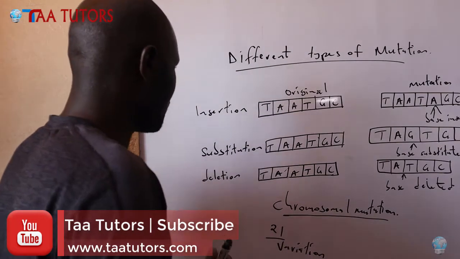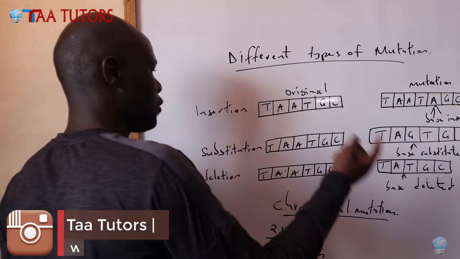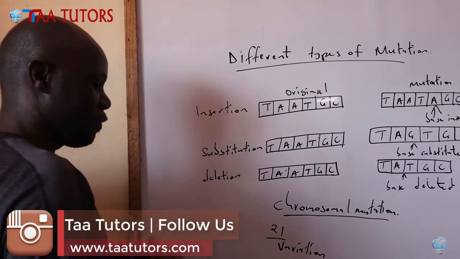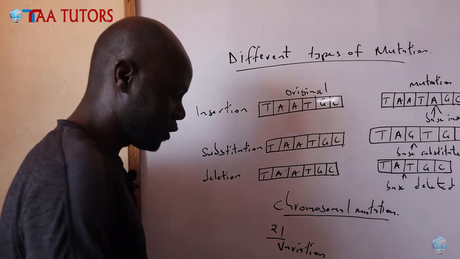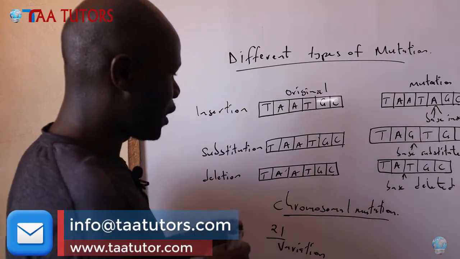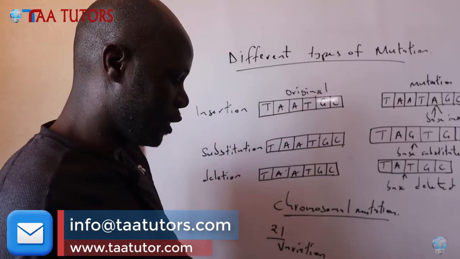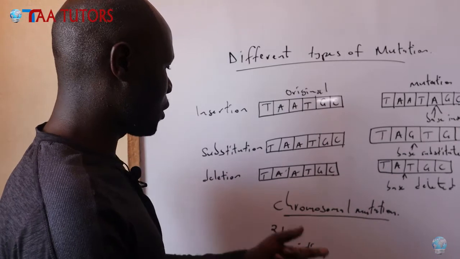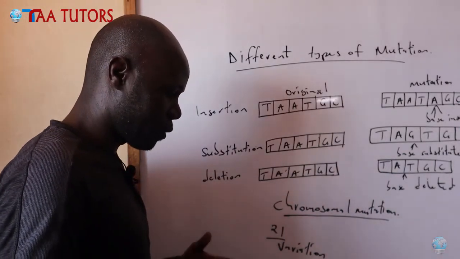If we have non-coding genes, they don't bring the code that will be responsible for specific protein synthesis. So if they are mutated, the effect might not be severe. That is one thing that can help us if the mutation occurs in an area where the gene cannot be read and interpreted to give the specific protein at that point. So that is a point where we can escape the severe end.